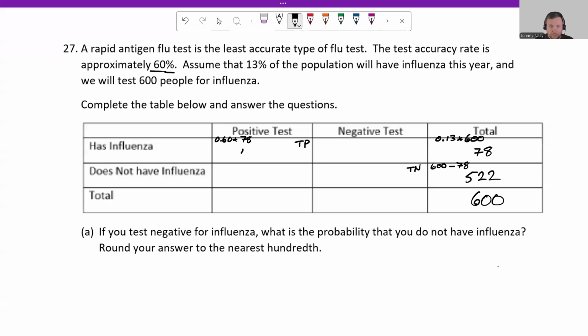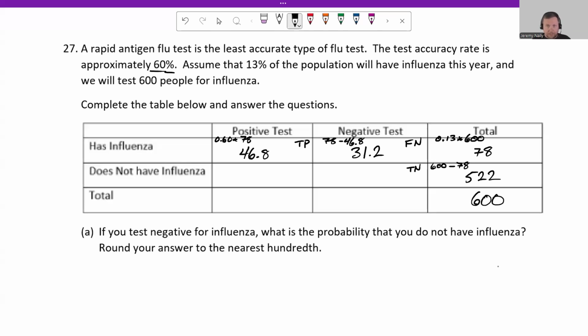So I get 46.8. And then I can take the 78 and subtract that. So I get 31.2. And then that is my false negative.